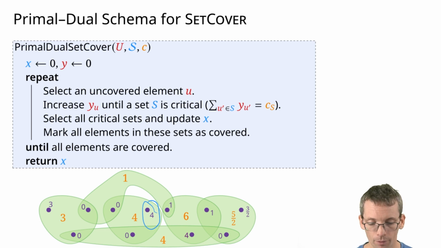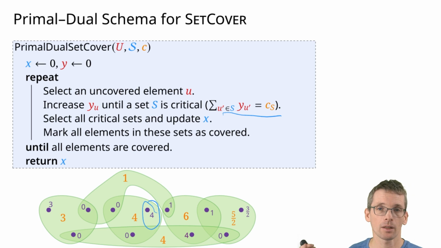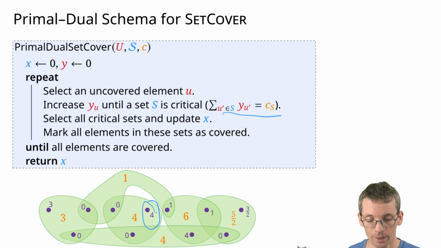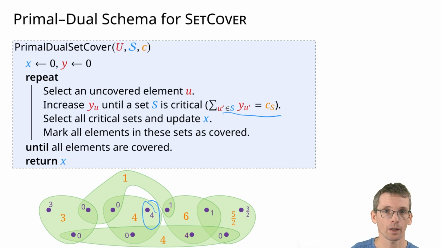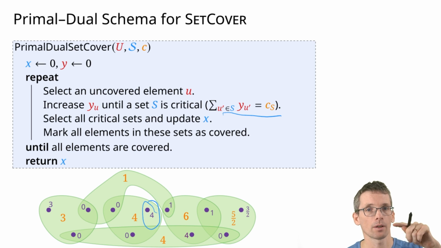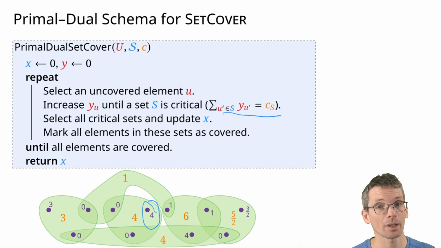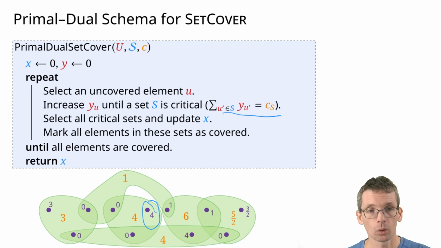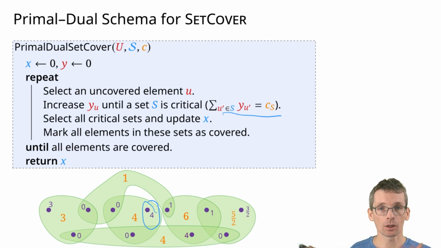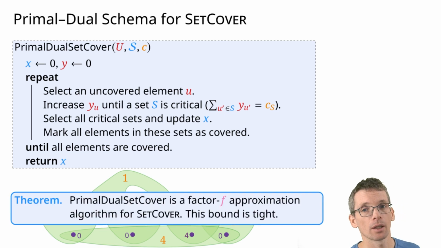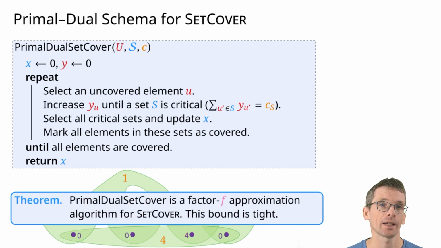I have the primal complementary slackness, and what we said about the relaxed complementary slackness, and knowing that we have the dual relaxed complementary slackness with a factor f, we now know that this algorithm, as I just described it, gives us a factor f approximation.